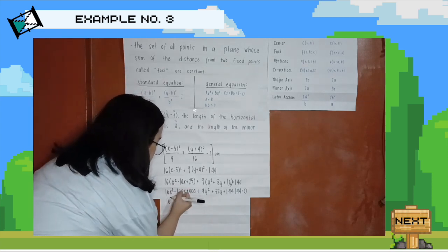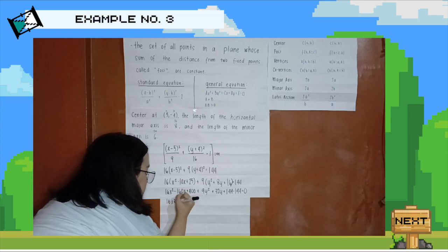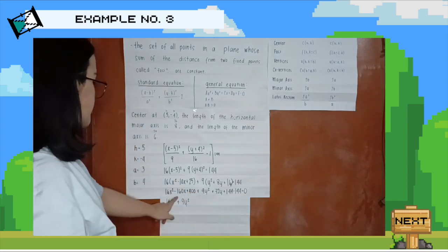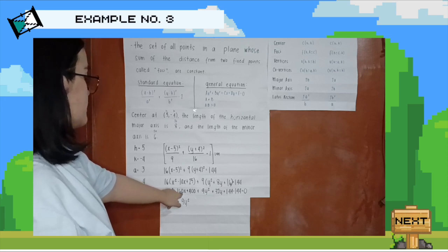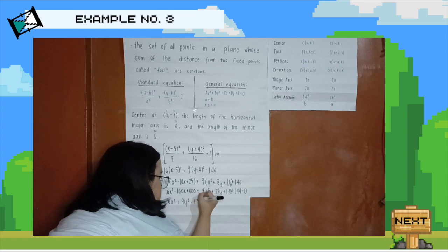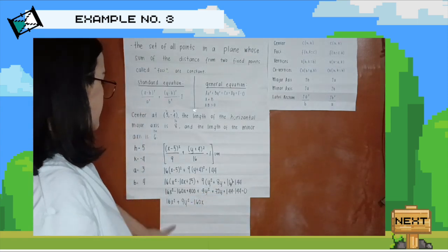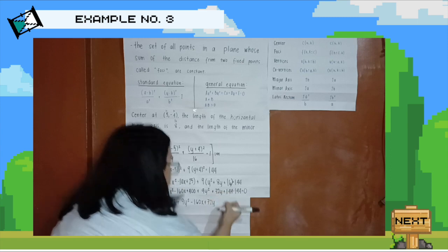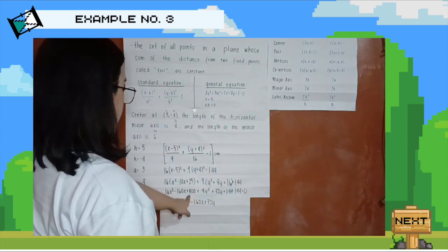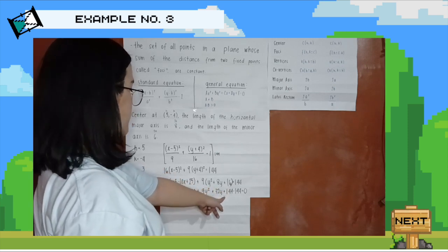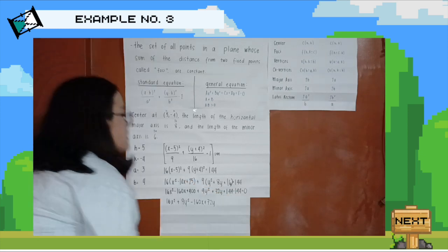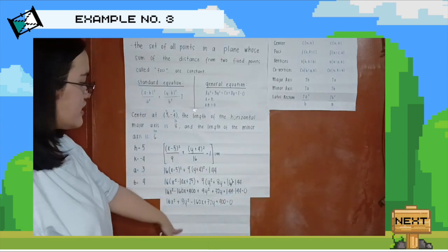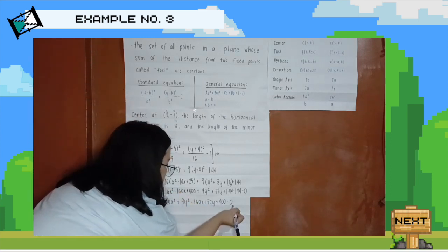So 16x squared plus 9y squared minus 160x plus 72y, and we need to add 400 plus 144 minus 144. 400 plus 400 is equal to 0, and this is the final answer.